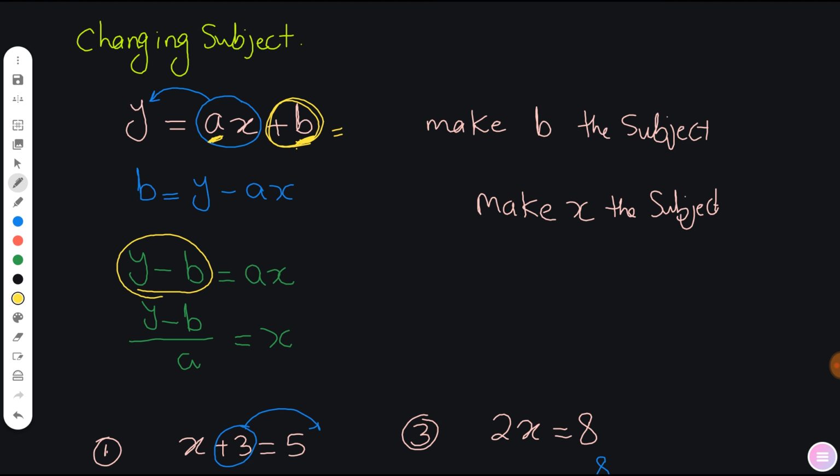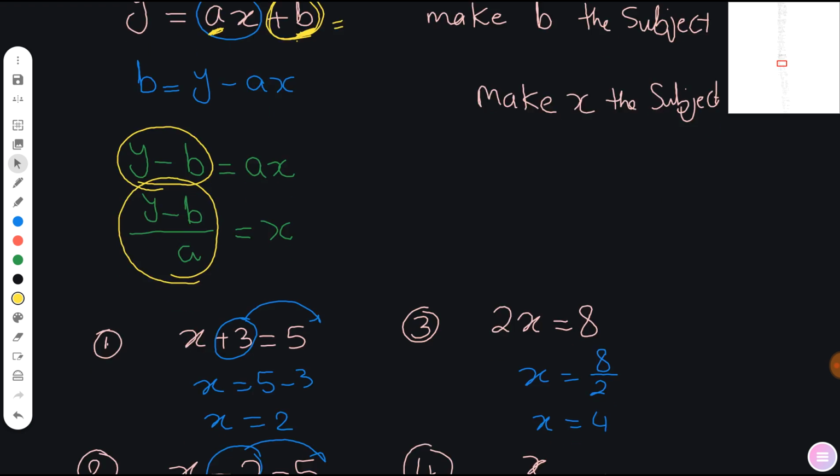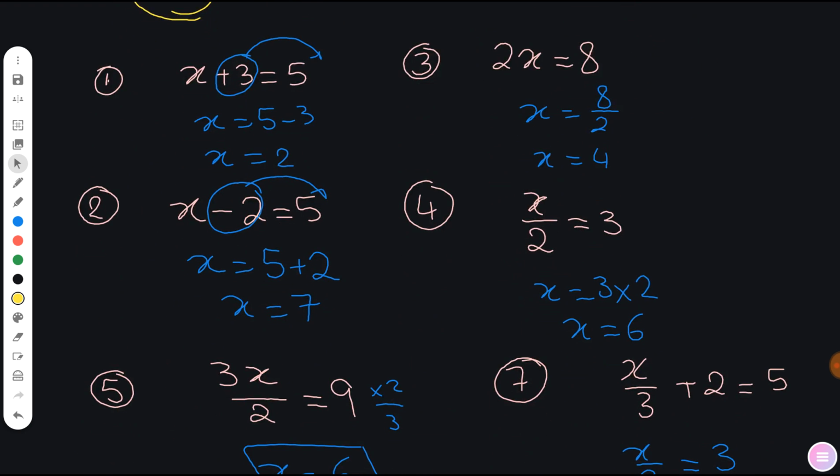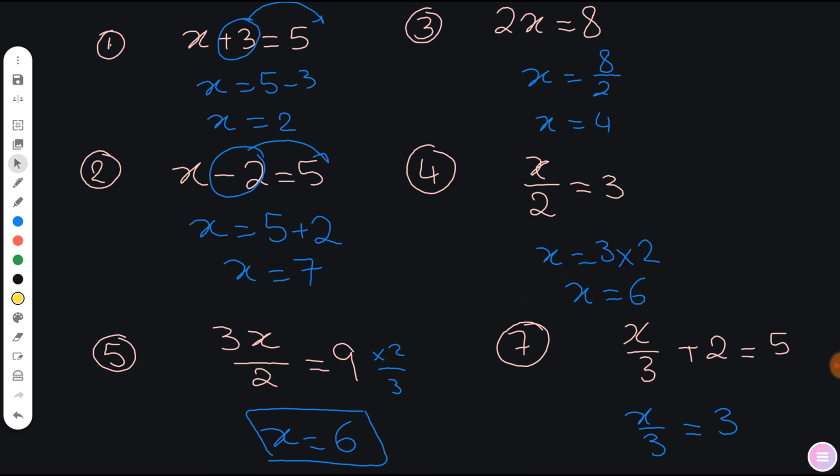Then we have solving equations. As you remember, x plus 3 equals 5, so we send 3 to the other side by a negative sign. It's 5 minus 3, it's 2. Number 2, we have x minus 2, we will send it to the other side by a different sign, which is positive 2. The answer would be 7.